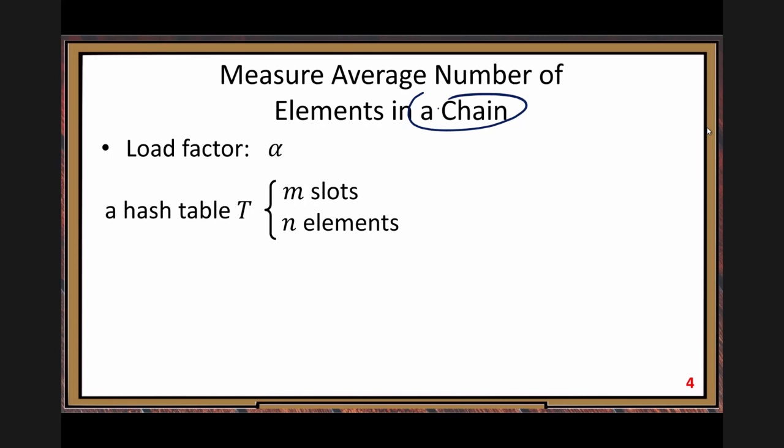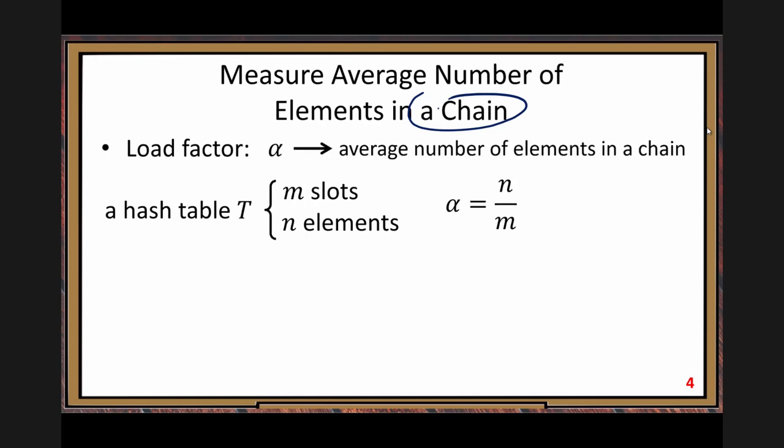Here, in the chaining method, we look at alpha equals n over m. This number could be greater than 1. We allow this number to be greater than 1 because we use chaining. If you have more elements, we store them in the linked lists. So less than 1, equal to 1, greater than 1, all possible.